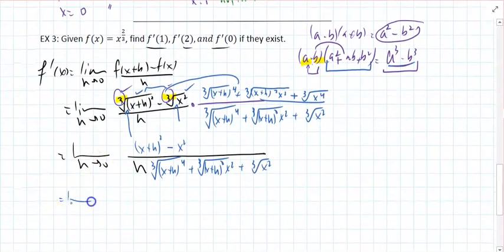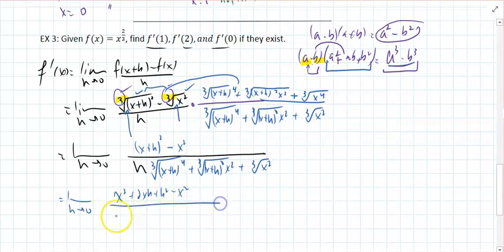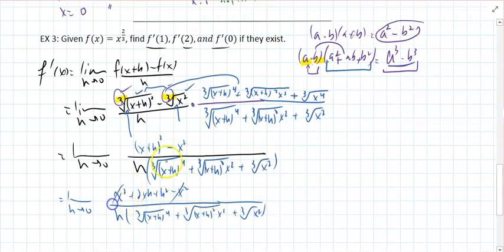And that's going to be the limit as h approaches 0. You know the drill. This is x squared plus 2xh plus h squared minus x squared over h times cube root of x plus h to the 4th plus cube root of x plus h squared, x squared, plus cube root of x squared. Those cancel out.